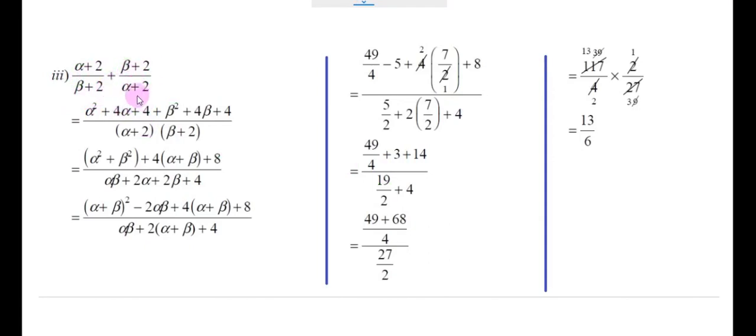The same way, do a cross multiplication, that is equal to, move alpha plus 2 there, already there is alpha plus 2, so alpha plus 2 the whole square, plus beta plus 2, beta plus 2, so beta plus 2 the whole square, by beta plus 2, alpha plus 2, so I write in order, alpha plus 2 into beta plus 2.